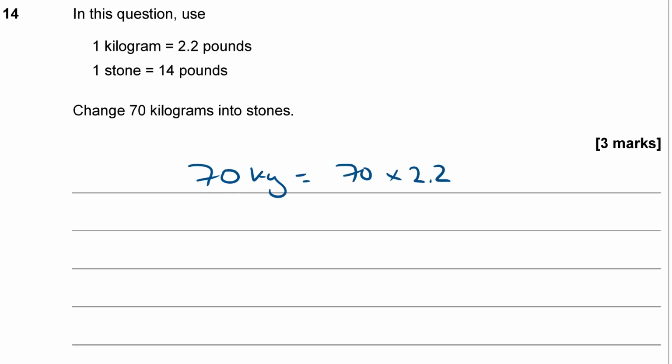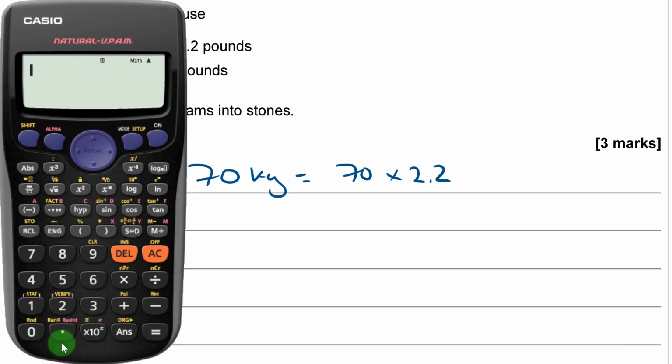So what's that equal to? Calculator, 70 times 2.2, that's 154. So that's in pounds now, isn't it?